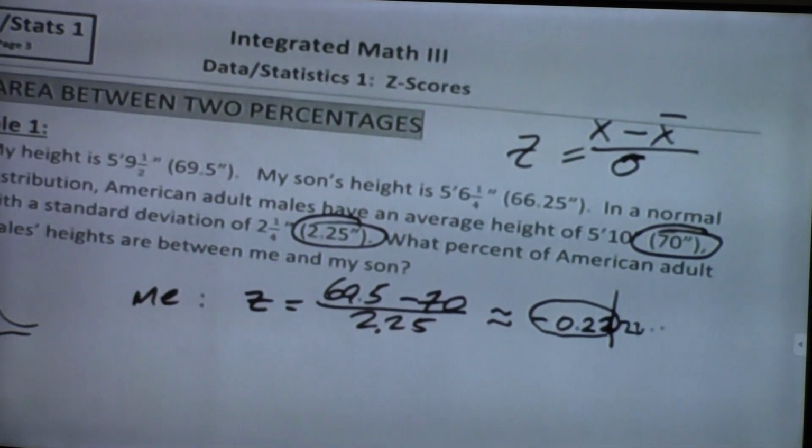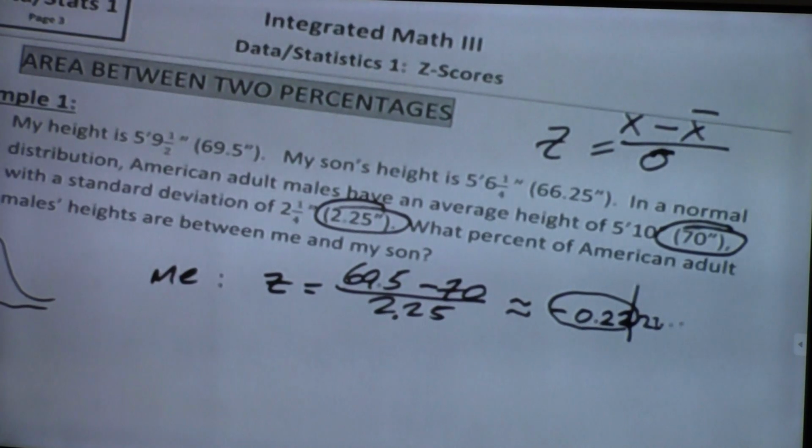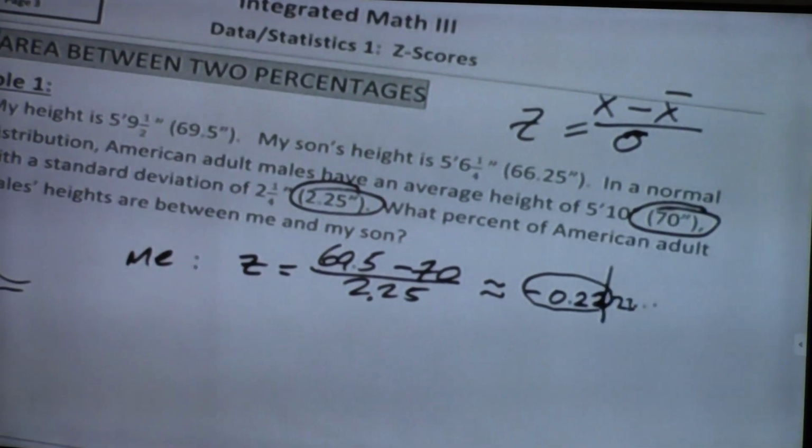But I have to use that z-score. So I'm going to go over into the z-score table and find what percent of people are shorter than I am, at negative 0.22.